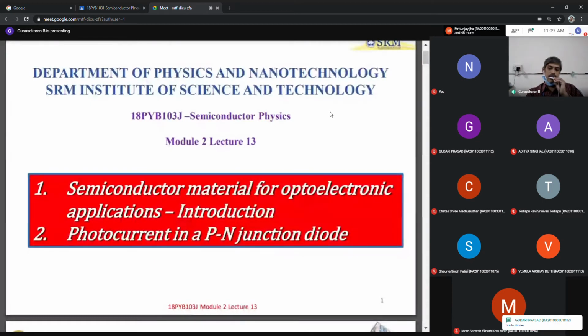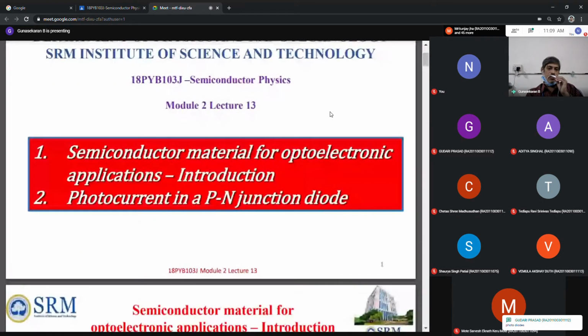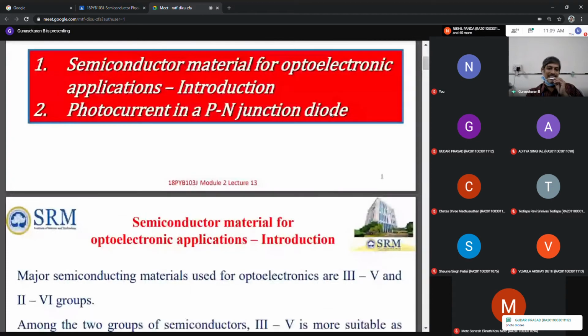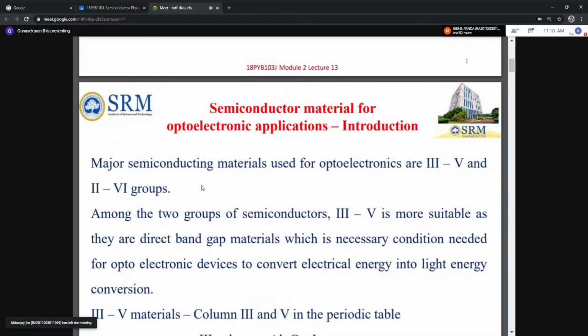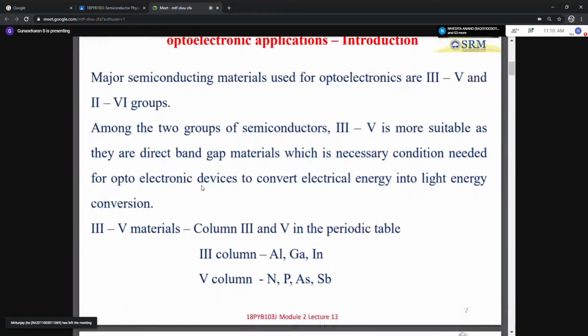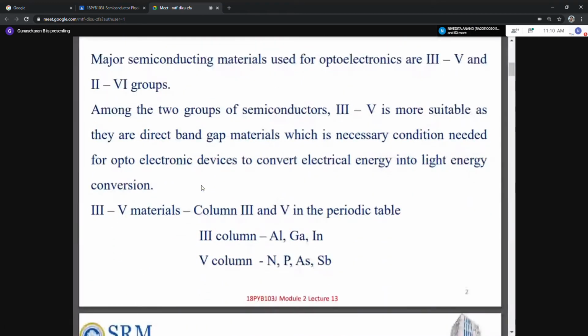First, see the first slide: photodiodes, already in the title. Most semiconducting materials fall in groups 3 to 5 and 2 to 6.